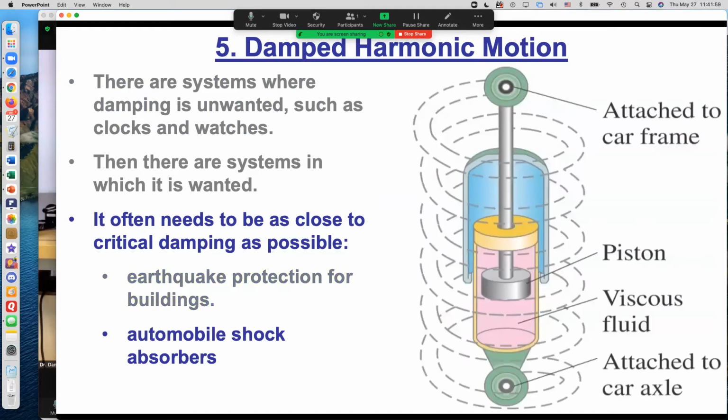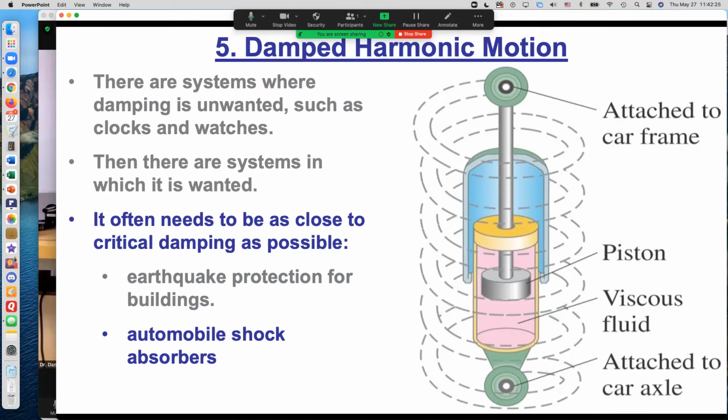Here's the shock absorber on a car with the ring spring that you would see if you looked under the car, right? It goes in the center of it. What it is, it's a piston, not a closely fitting piston, but a loosely fitting piston, which has a viscous fluid in it.